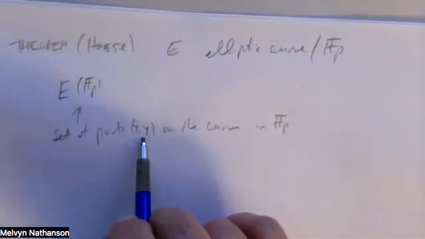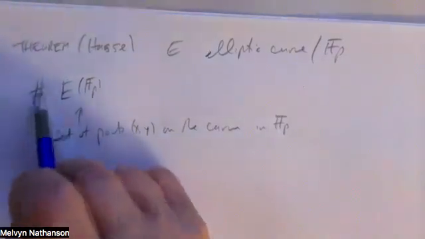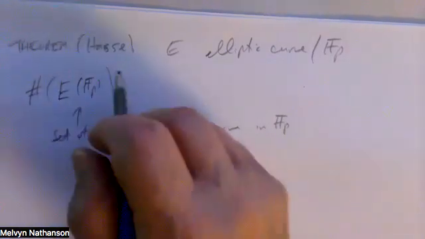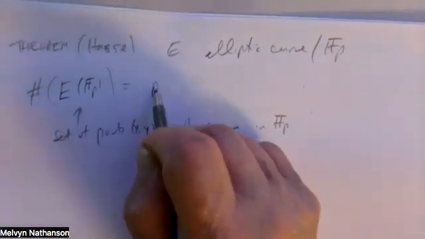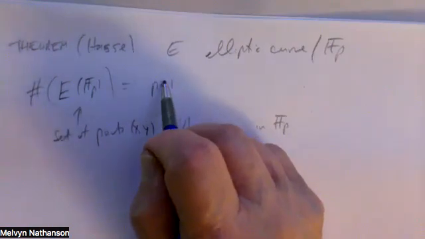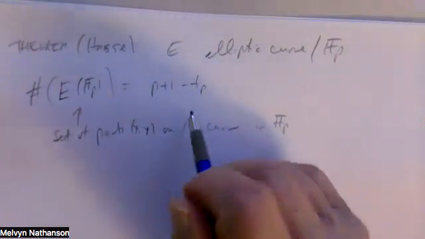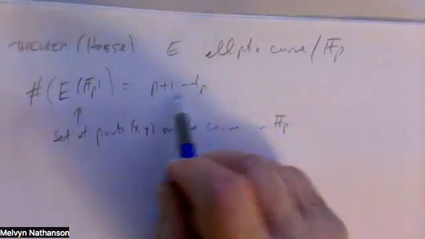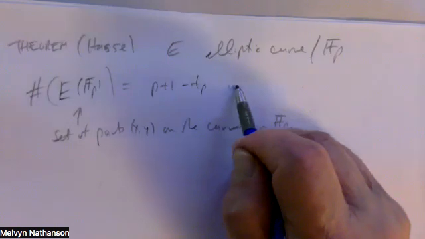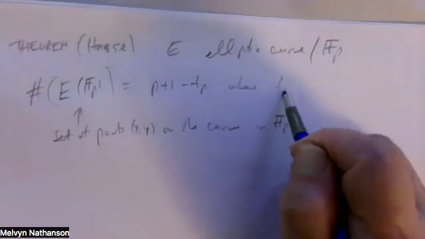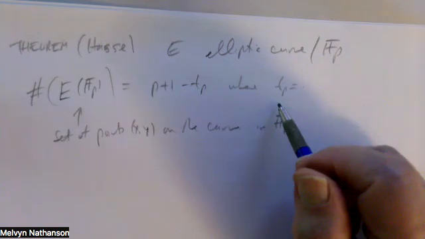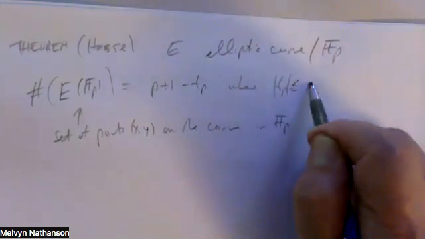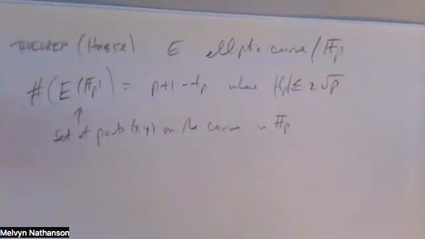These are not numbers, these are congruence classes mod p. So the number of elements on this elliptic curve is going to be approximately p plus 1 minus t_p. This is just the way it's written, so it's traditional. Where this t_p is fairly small compared to this, where t_p in absolute value is at most 2 times the square root of p.